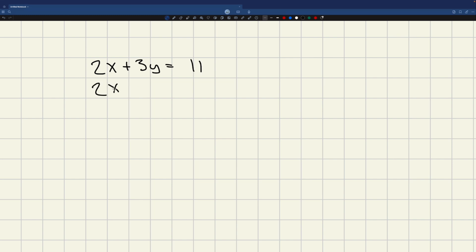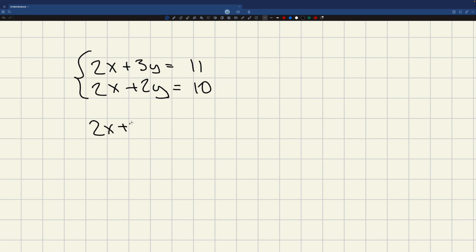And 2x plus 2y is equal to 10. There. So now what you might be able to figure out, and this is a simultaneous equation, is that if these two statements are true, then what we can do is we can just subtract the second statement from the first statement. So how does that look?